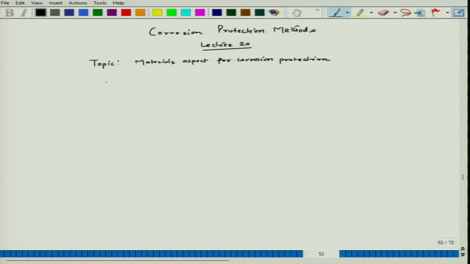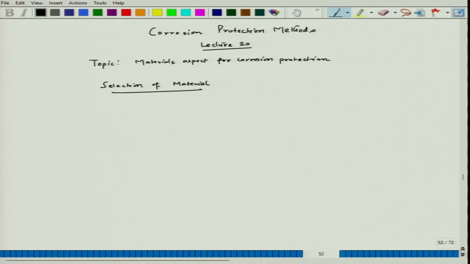So, when we talk about the selection of material, it depends on several other aspects like strength aspect, toughness aspect, ductility aspect, as well as whether it has sufficient hardness. If we consider only the basis of corrosion, then three factors should be kept in mind.